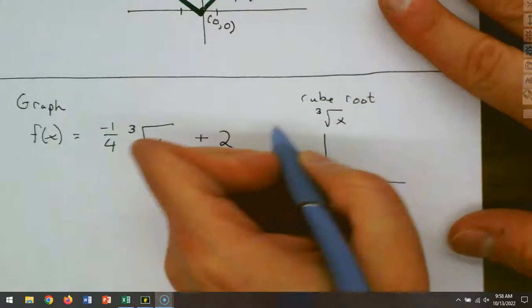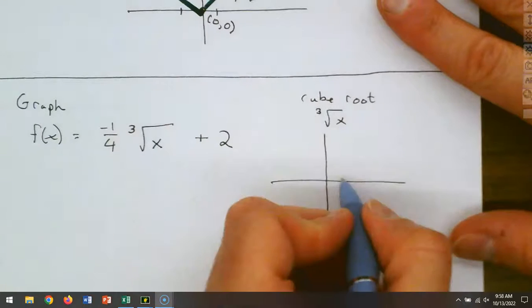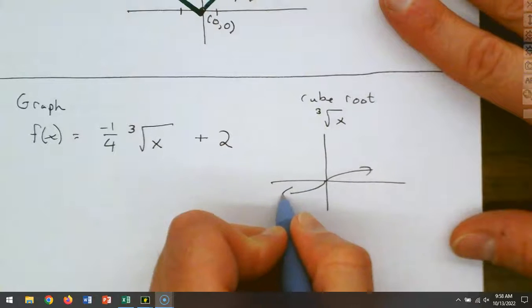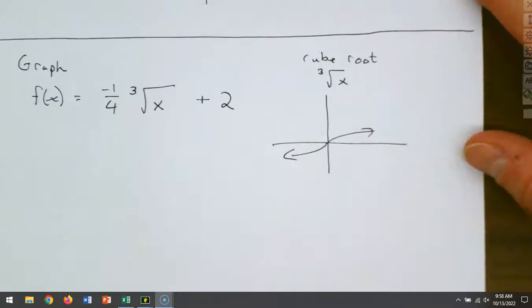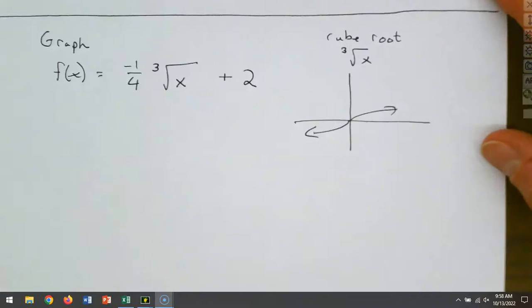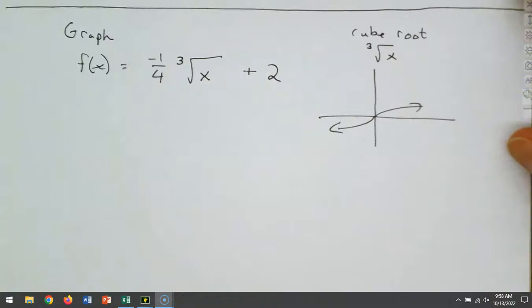And so the cube root graph looks like this, in a way. So that's our basic graph. So the first thing we always do with these is we look at it and we figure out what operation it is. Then we look up the graph that goes along with it. And then we deal with our translations.